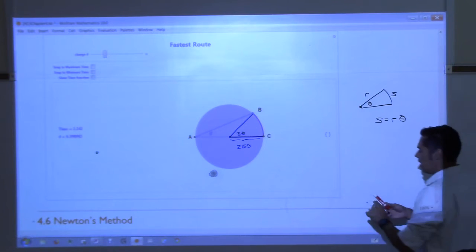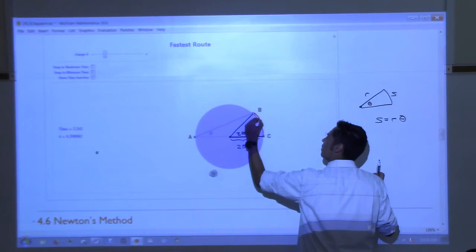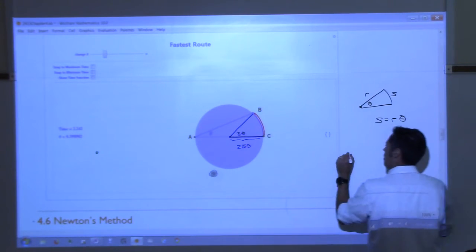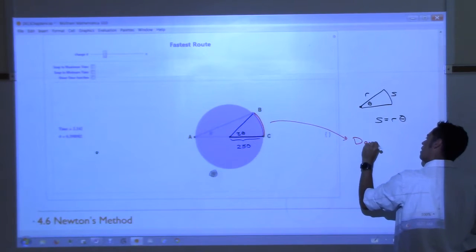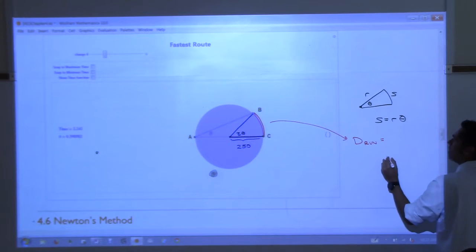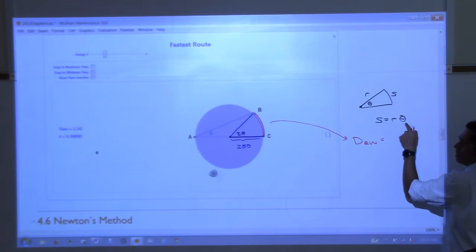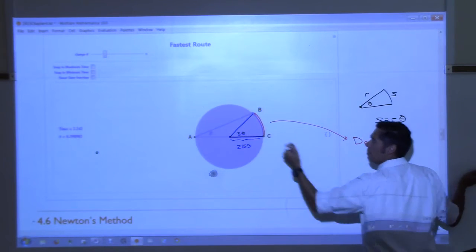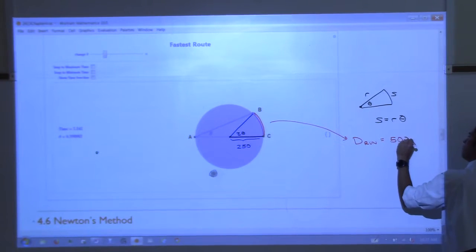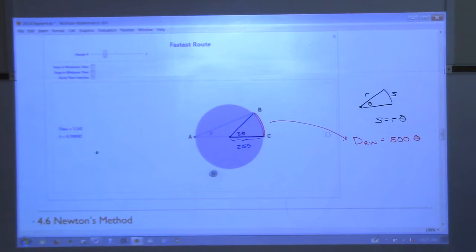Then that means that this piece here, which is the distance that we run, is going to be r theta. So 250 times 2 theta, which is 500 theta. The distance we run is 500 theta. Make sense?